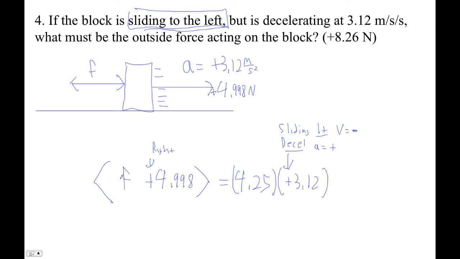And then for unknown forces, you always just put them in as an F, like that. And so now we're set. Basically, it's going to be this times this minus this. So I go 4.25 times 3.12, and then minus 4.998, and I get 8.262.